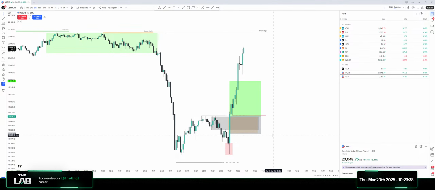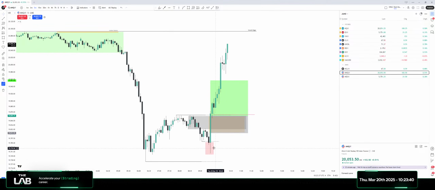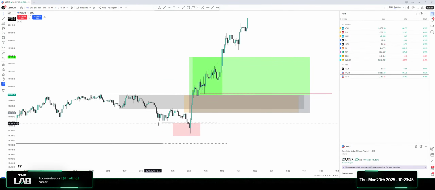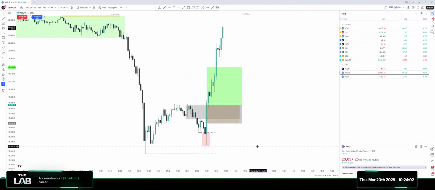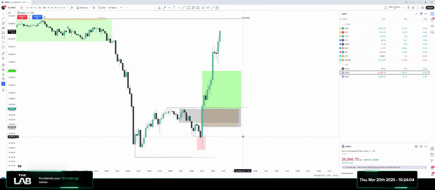Yeah, exactly. When we just saw that move, I marked out that breaker on the M1, so that's why I have this sweep here. So totally, we could be using that as the breaker. But as I was saying, usually, or at least for the past few weeks, the 9:30 open hasn't been clear at all.